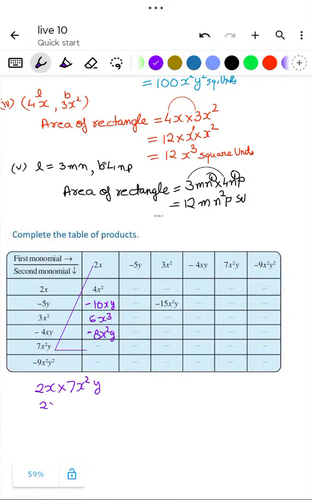So this is 2 times x times 7 times x times y, right? 7 2s are 14 and 1 2 3, x cube y. So this is 14 x cube y. So answer is 14 x cube y. Okay.